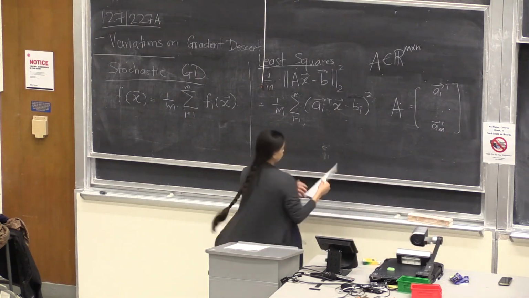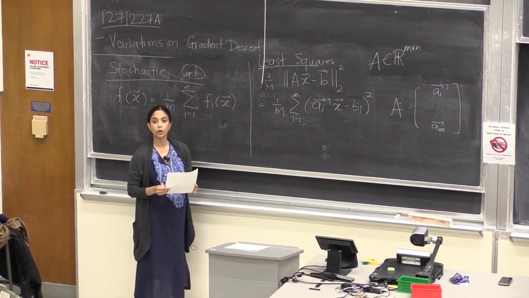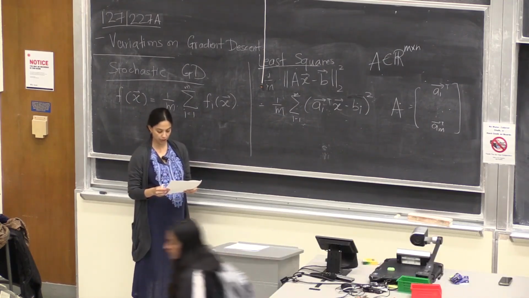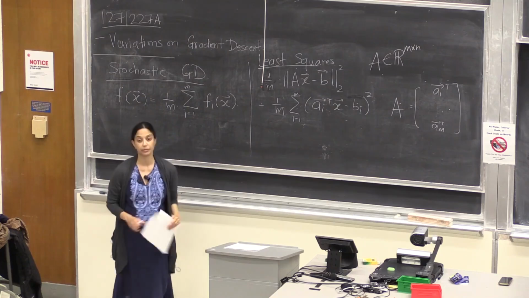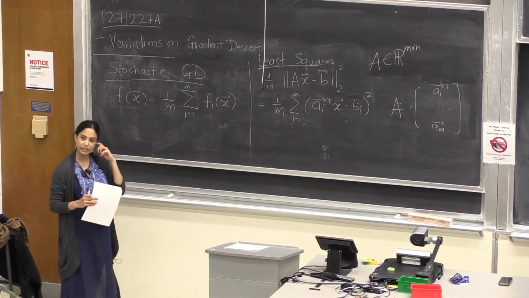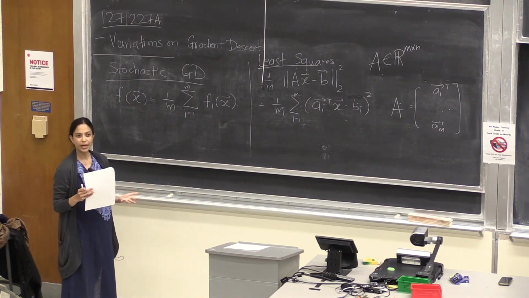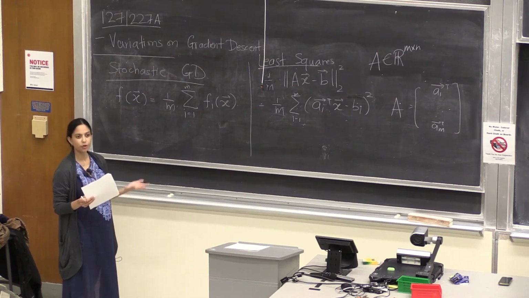Okay. So this is the type of function where we want to be able to use stochastic gradient descent. We said we want to use it in cases where computing the entire gradient is onerous, and we don't really want to do that.